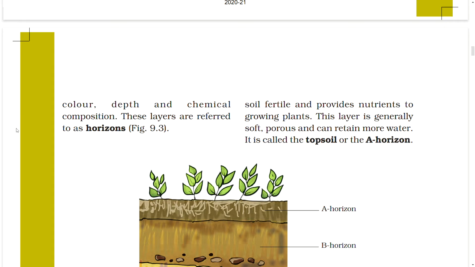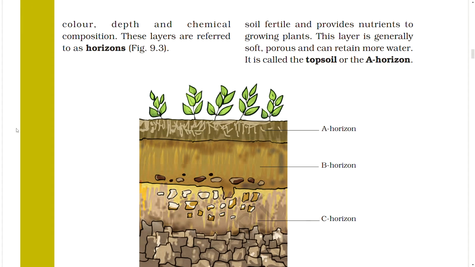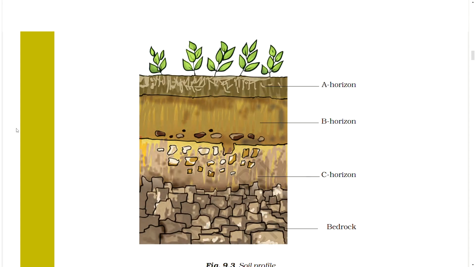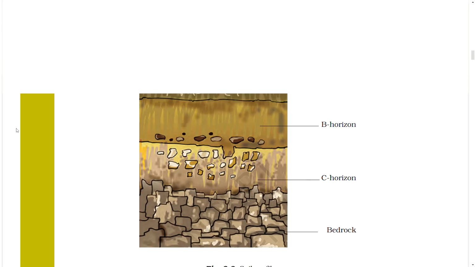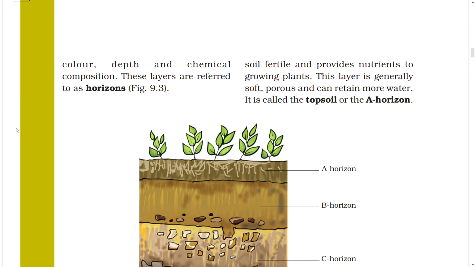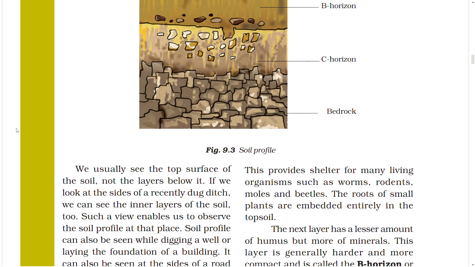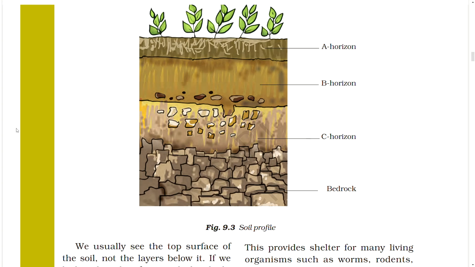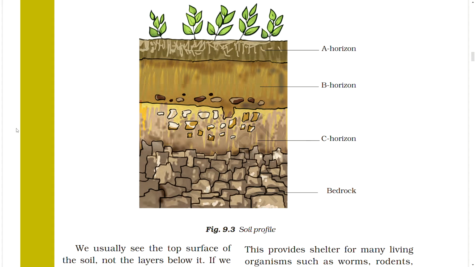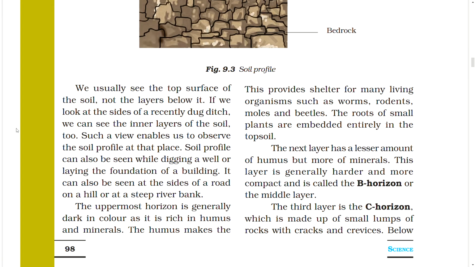Figure. A horizon, B horizon, C horizon, bedrock. We usually see the top surface of the soil, not the layers below it.